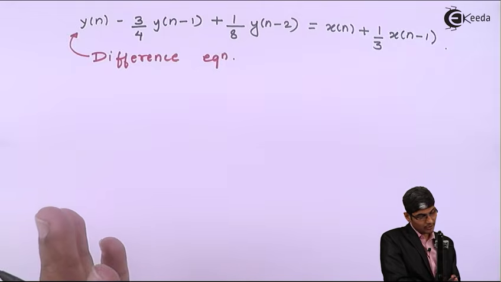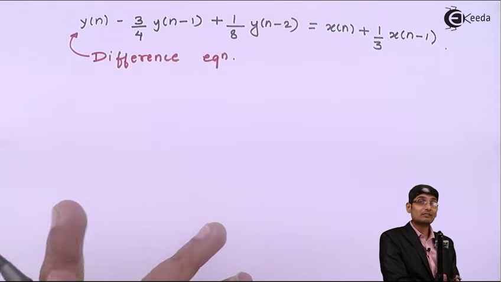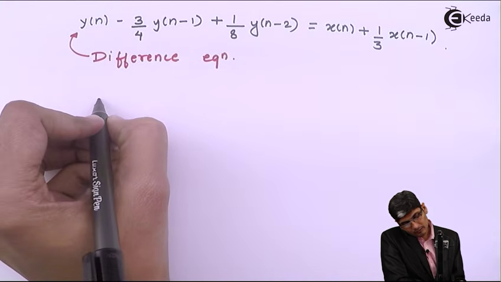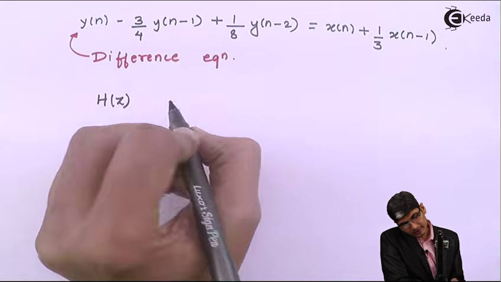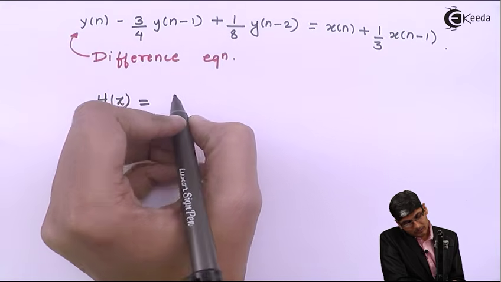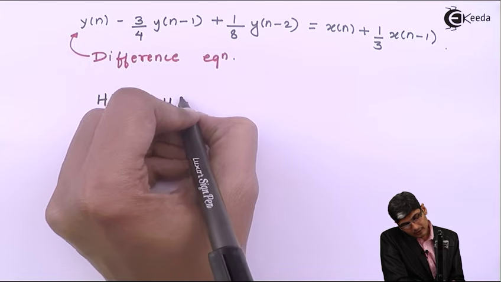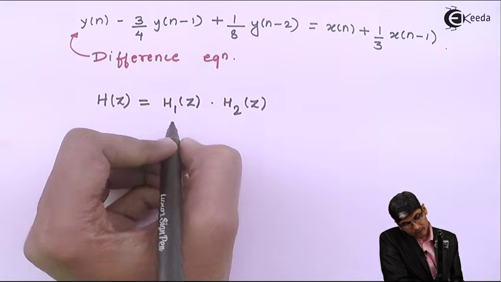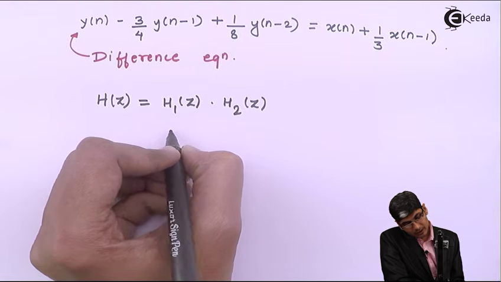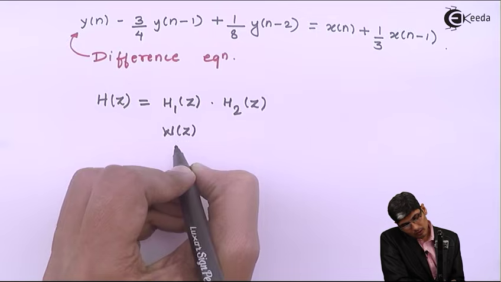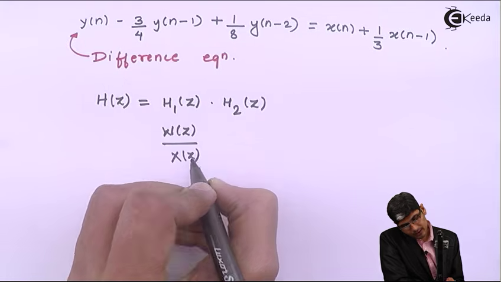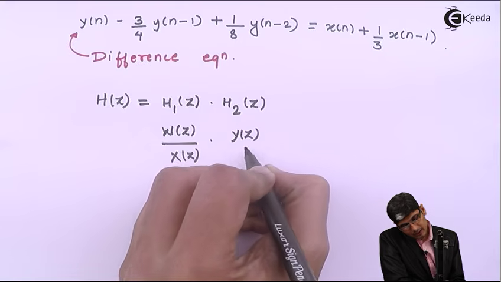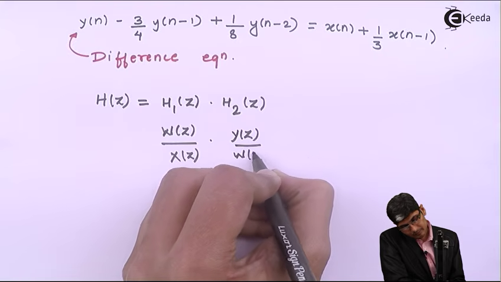I need to actually get H of z, because we want to solve this H of z as two subsystems, which we call H1 of z into H2 of z. H1 of z will be W of z by X of z, and H2 of z will be Y of z by W of z.